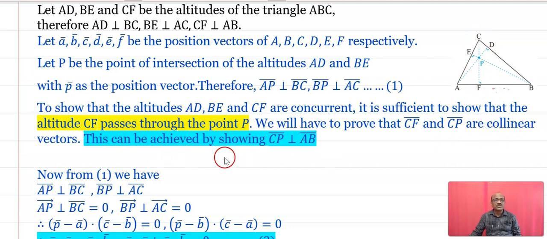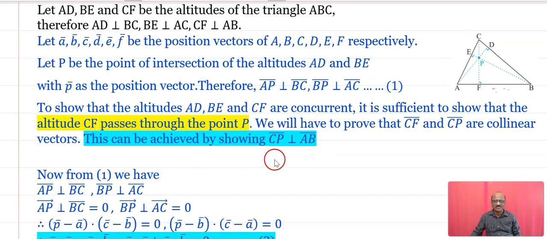This can be achieved by showing that CP is perpendicular to AB, and that is possible only when CP is perpendicular to AB.